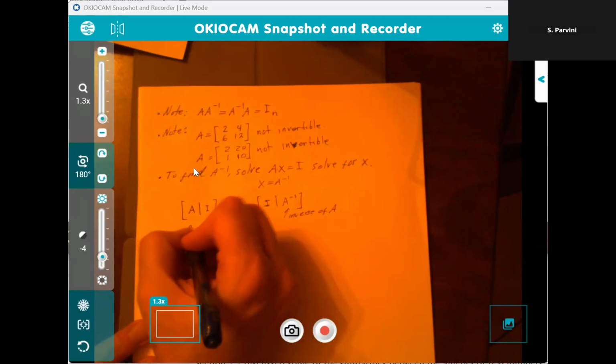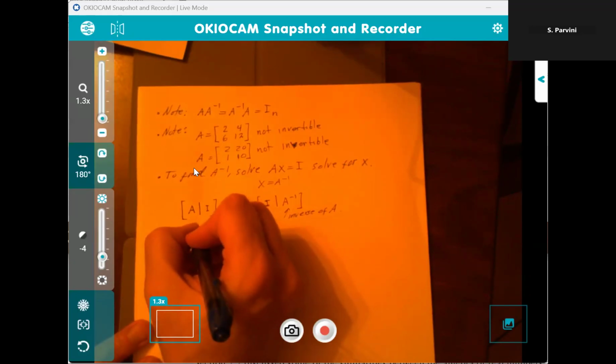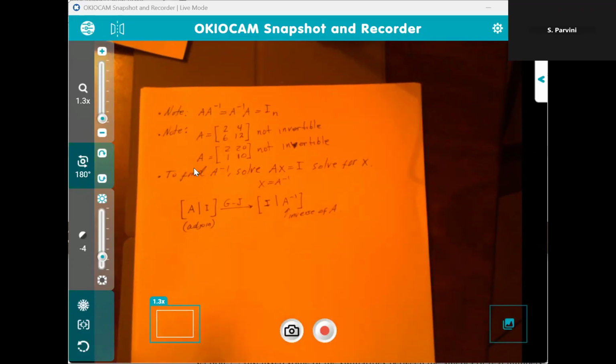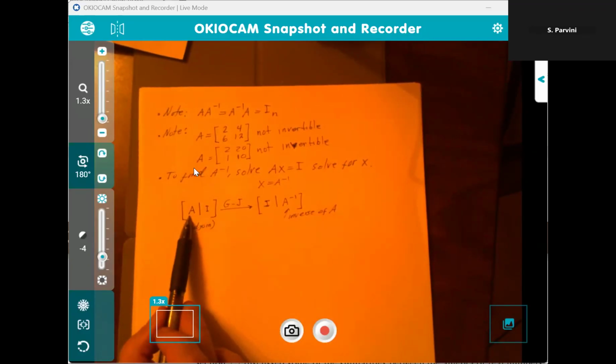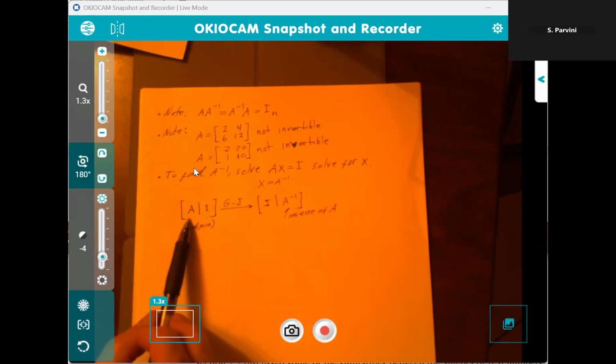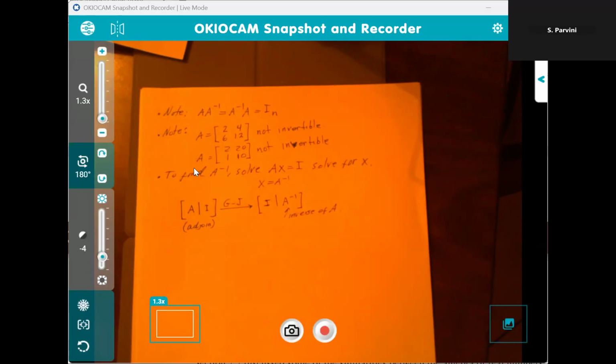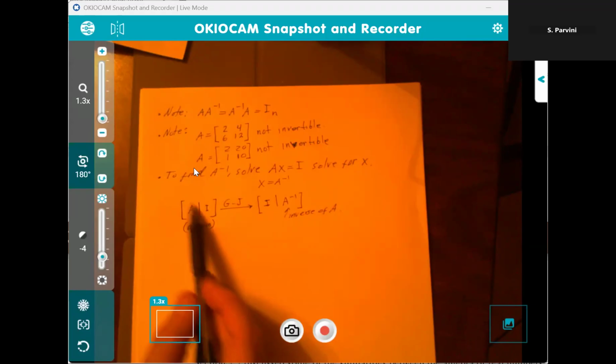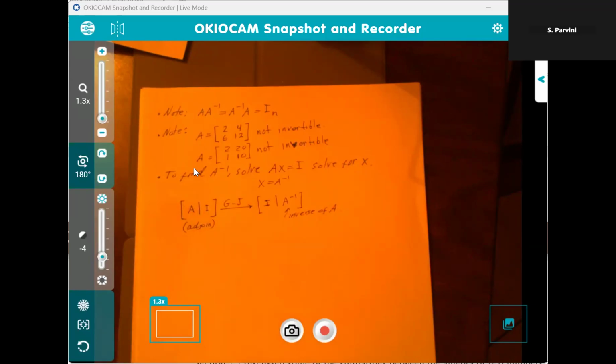We're going to adjoin the identity matrix with the matrix of the coefficients A. And this A, by the way, is a matrix that comes from the coefficients on the variables for the system. Because remember, we're solving systems of linear equations in this course. So A is the matrix of coefficients that comes from the system.